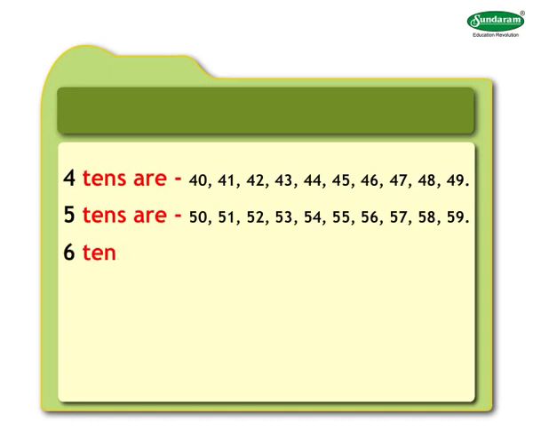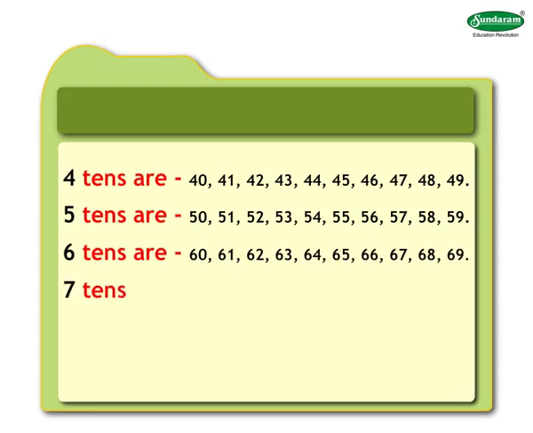The numbers with 6 tens are 60, 61, 62, 63, 64, 65, 66, 67, 68, 69. The numbers with 7 tens are 70, 71, 72, 73, 74, 75, 76, 77, 78, 79.